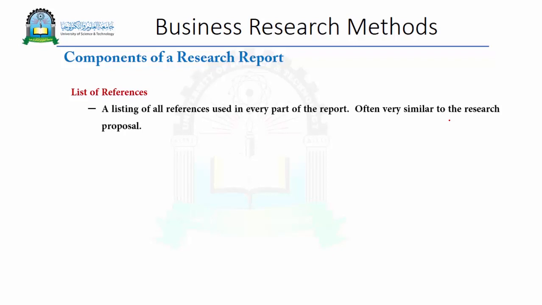The list of references, a very important component, and people must list it here, because all the citations inside the report must be listed in a form of references at the end, so people can depend and rely on the research and trust the research and the resources of this research.